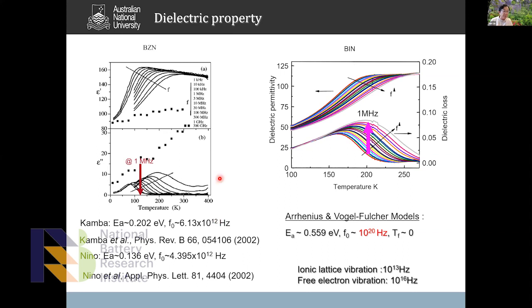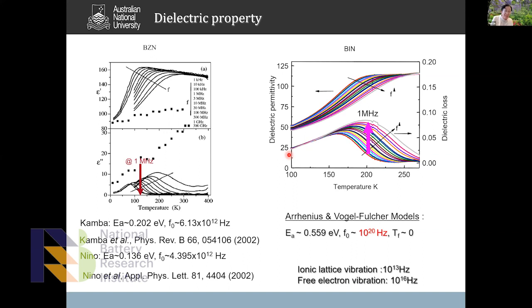But this one is 10 to the power 20 Hertz. It's far faster than general ionic lattice vibrations and free electron vibrations, so it doesn't make any physical sense. So that tells us definitely these two types of materials have a different origin for this relaxor dielectric polarization.